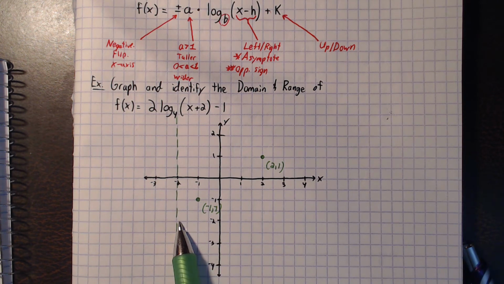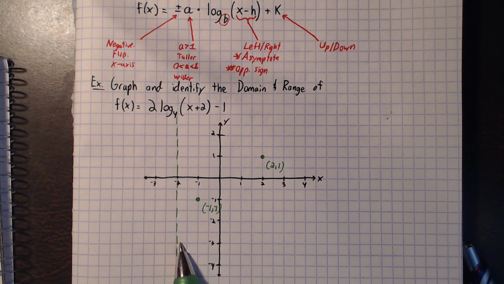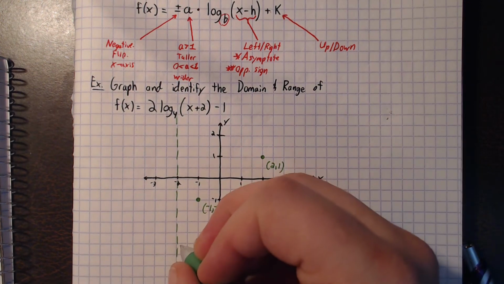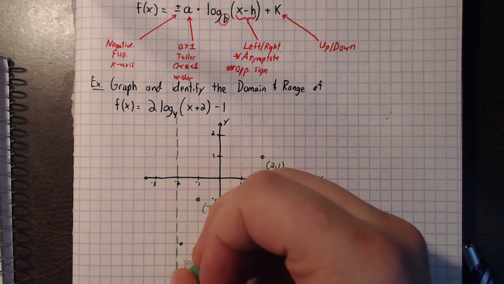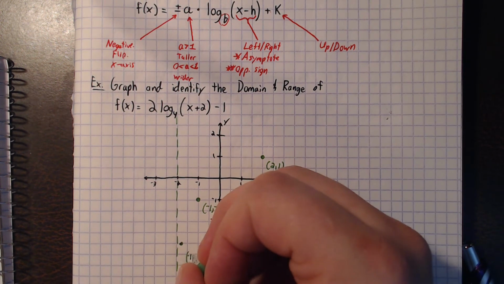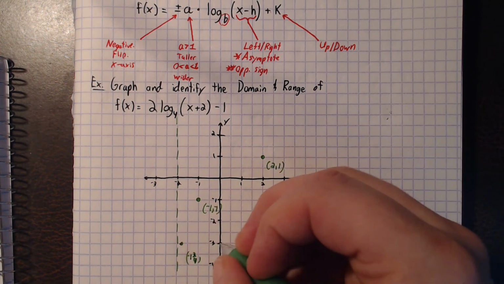So here we are, and we got to drop down 1 full unit thanks to this. So dropping down a full unit puts us down here. Where is that? Well, that's (-1 3/4, -3).